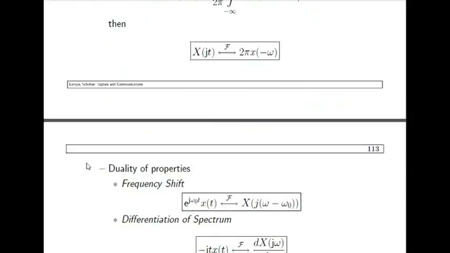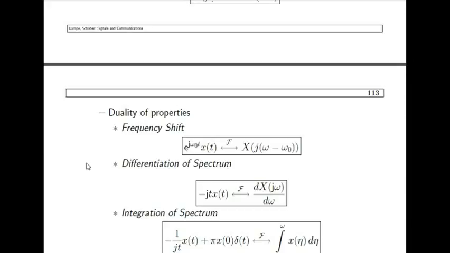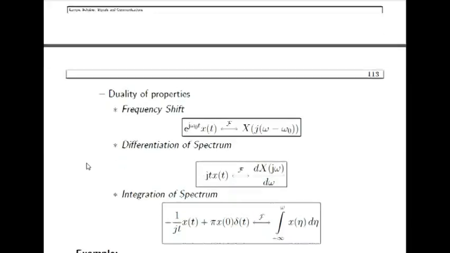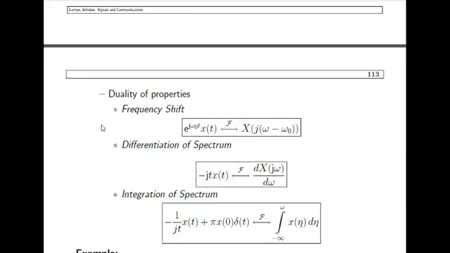There are some properties related to duality, which are frequency shift. If I multiply the input signal x(t) with e^(jω₀t), then its Fourier transform will be frequency shifted: X(j(ω − ω₀)).